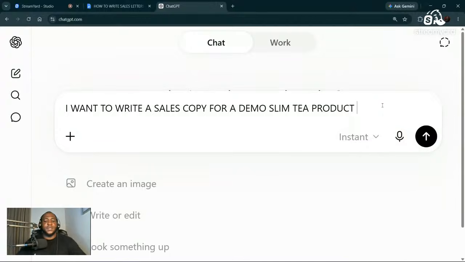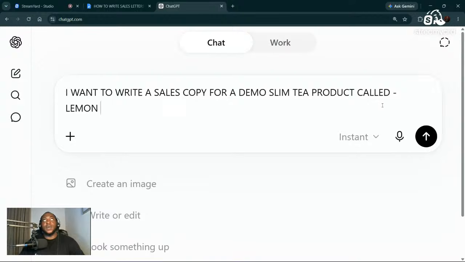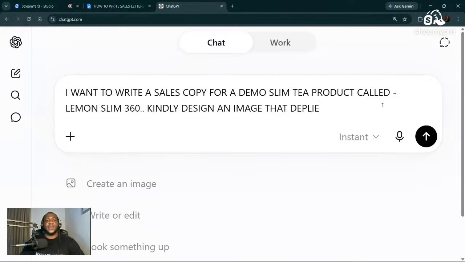For a demo Slim Tea product called Lemon Slim 360, kindly design an image that represents this product.